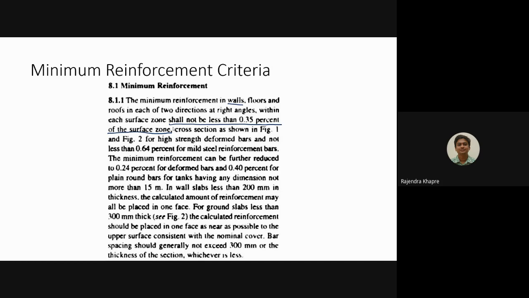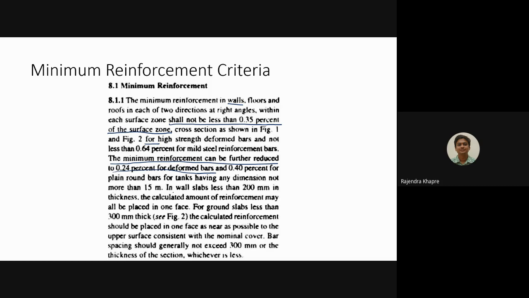So this criteria is there, but the IS code is giving a relaxation when we are using a different kind of steel, that is when we are using the high strength deform bars. The minimum reinforcement can be further reduced to 0.24% of the cross section area for the deform bars.